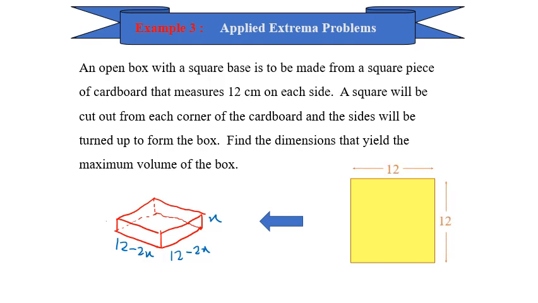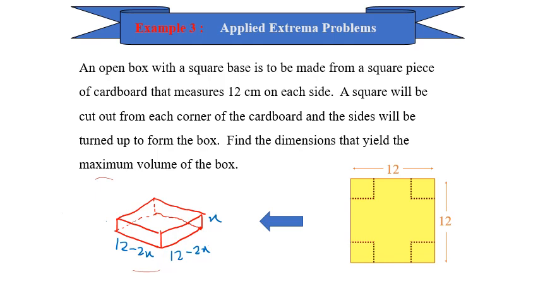And then a square is cut out from each corner of the cardboard. We have 4 corners, so we cut 4. And then we turn up the sides to form a box. Look at the arrow, this is the box on the right here.